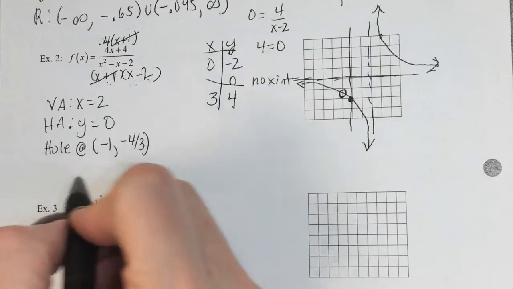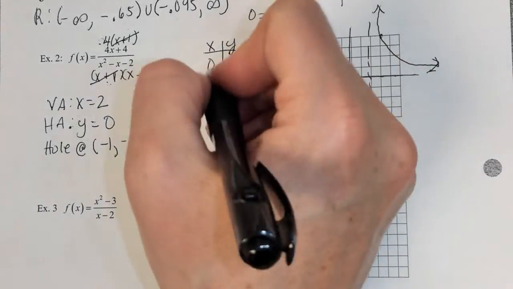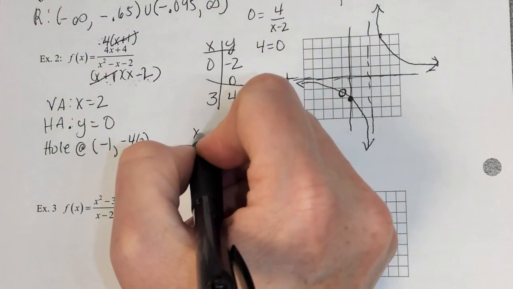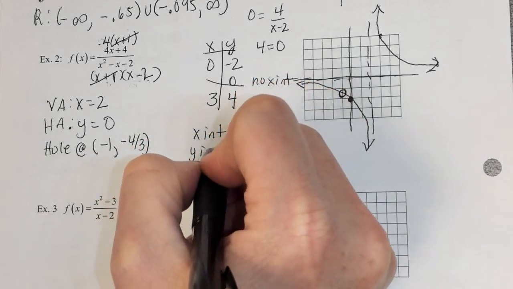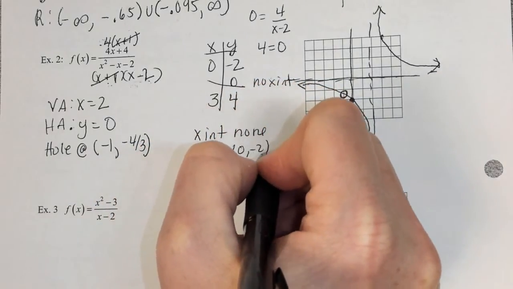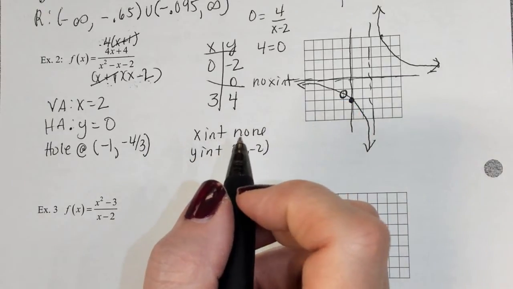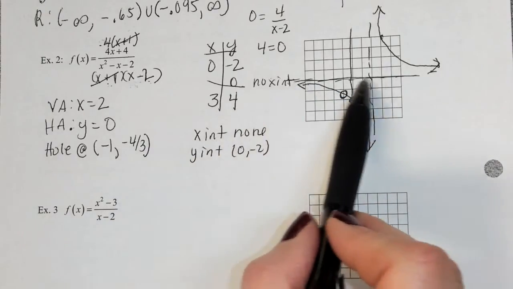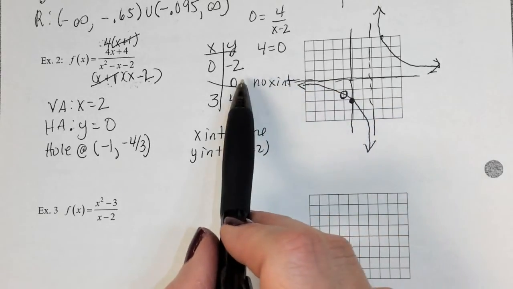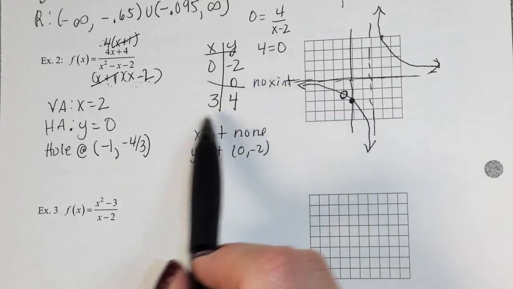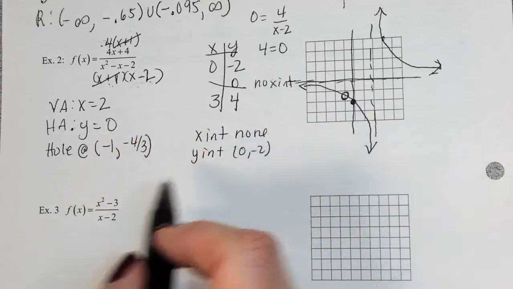Okay, and now you guys try to write down. We've got, let me just jot this down. We have x-intercept is none. The y-intercept was 0, -2. Is it going to cross the asymptote? No, it's not. Remember how it never could equal 0 for y? So it does not cross.